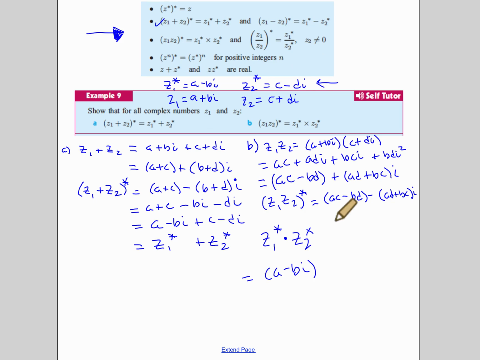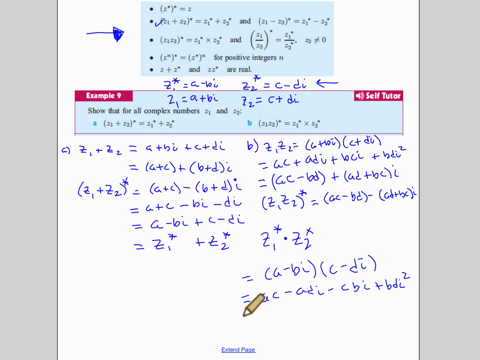Conjugate of z2 would be times c minus di. And maybe you already can see what's going to happen here. It's going to work out quite lovely. So this is going to be ac minus adi minus cbi. Is this looking familiar? Plus bd i squared.